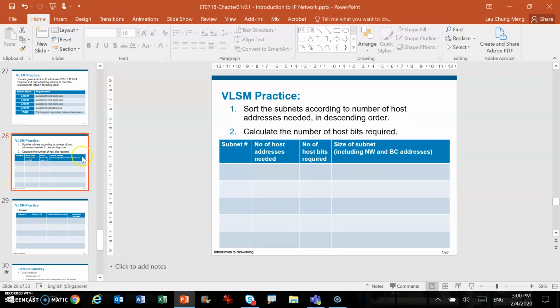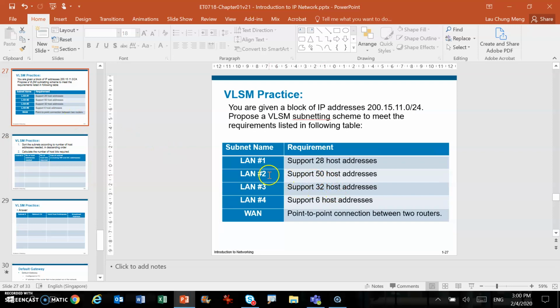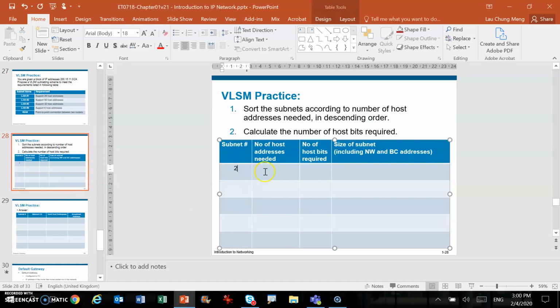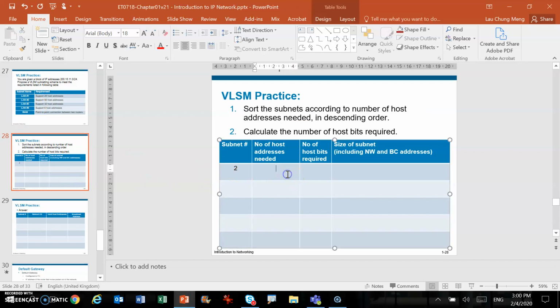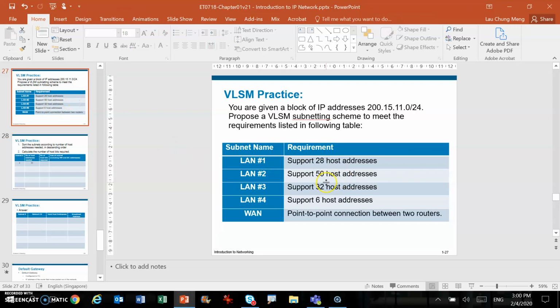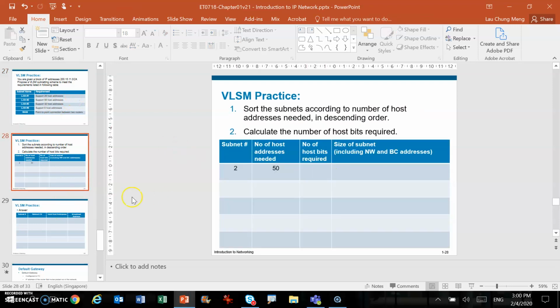First step is to sort according to the size required. The biggest one will be LAN 2, so LAN 2 is the biggest one that we need. How many hosts do we need for LAN 2? 50. The next one will be LAN 3, 32.